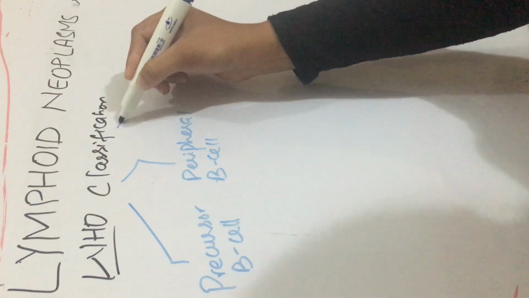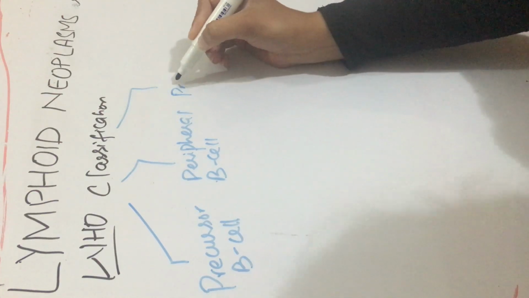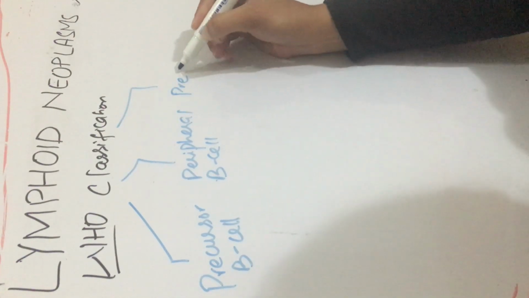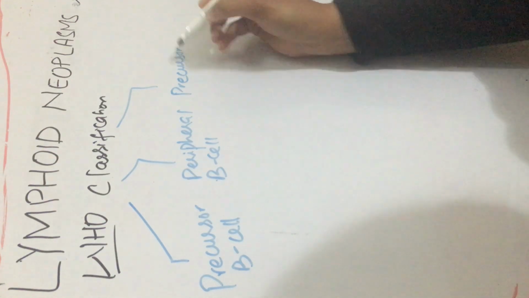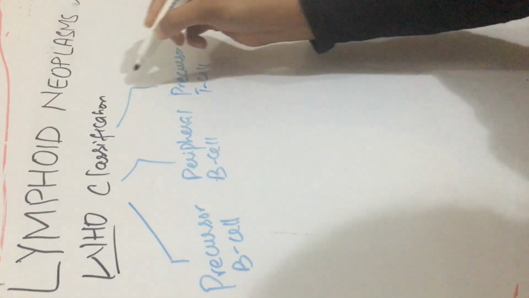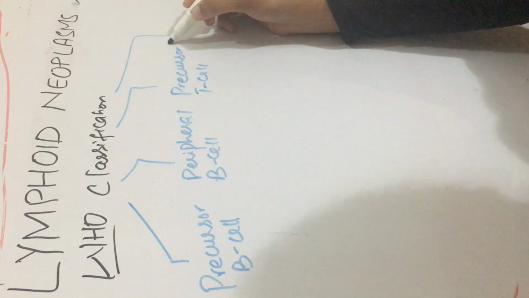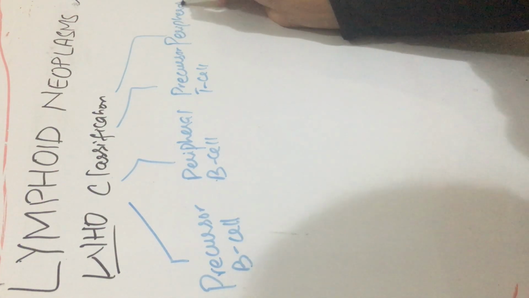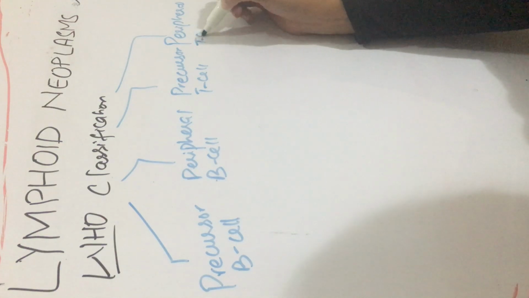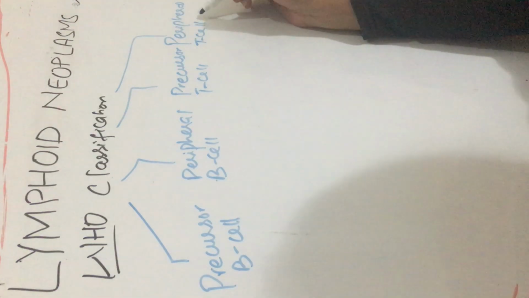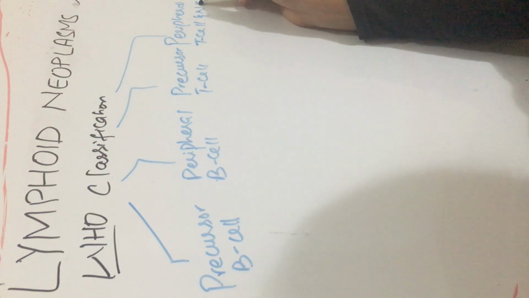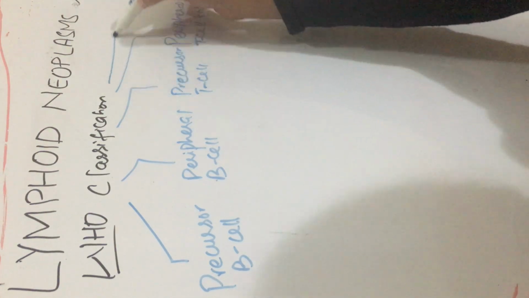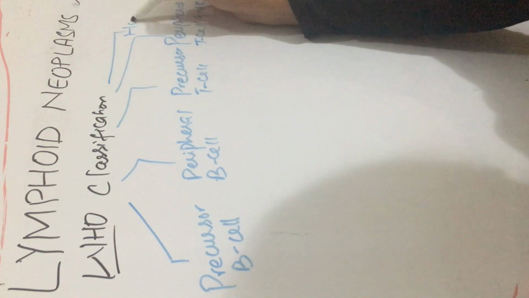Then third is precursor T cell neoplasms and peripheral T cell and natural killer cell neoplasms. And the fifth is Hodgkin lymphoma.